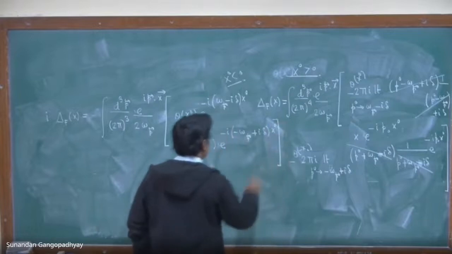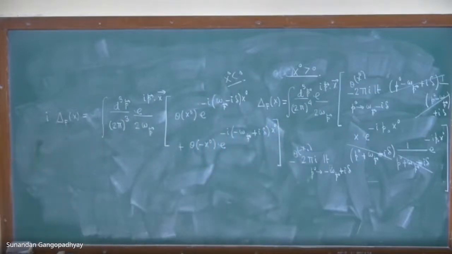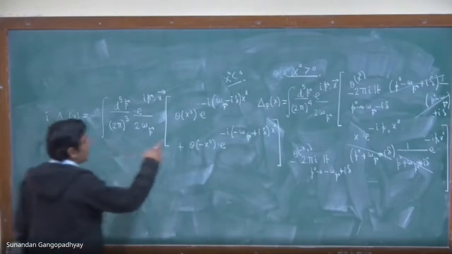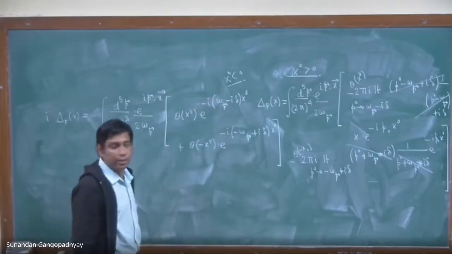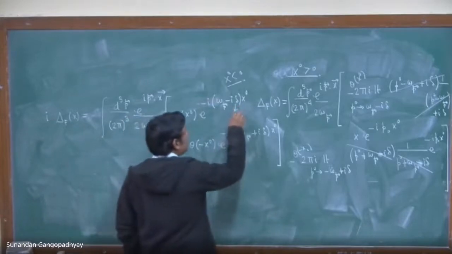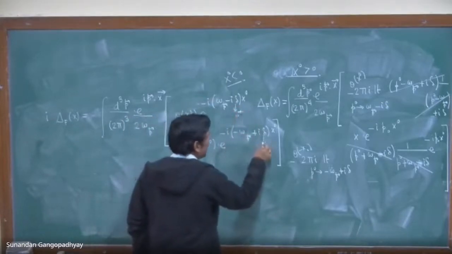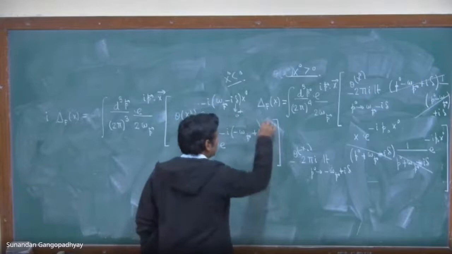This is the full answer for the p0 integral. Now you can take the limit delta going to 0 on the positive side, so this term is gone, and this term is also gone.